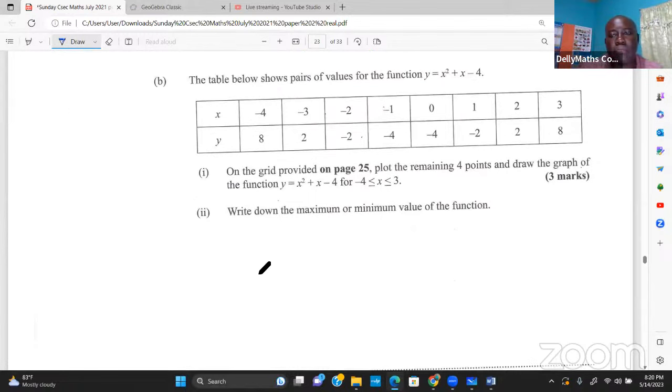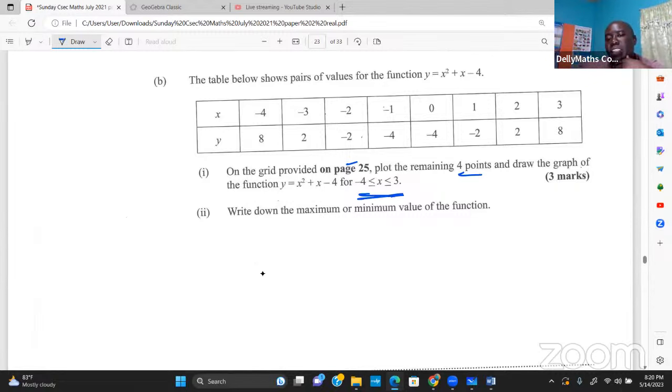It says now, the table below shows a pair of values of the function y is equal to x squared plus x minus 4. We are now dealing with a quadratic curve. Values are there and everything. They said on the grid provided at page 25, plot the 4 remaining points and draw the graph, for x less than or equal to 3 and greater than or equal to -4.